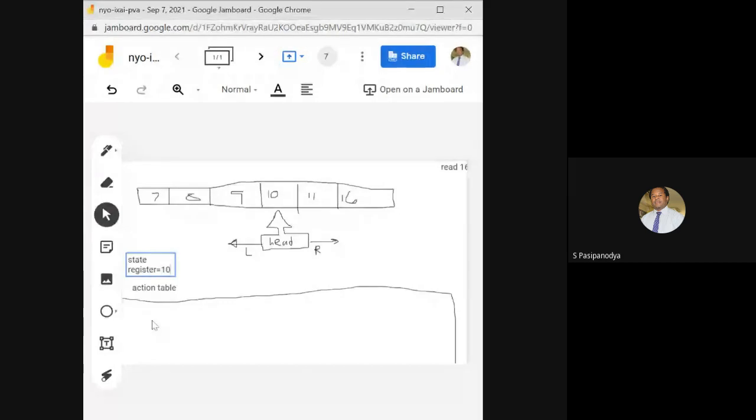Now we go into our action table. What is the old state? The state was 16. The new state is now 10.